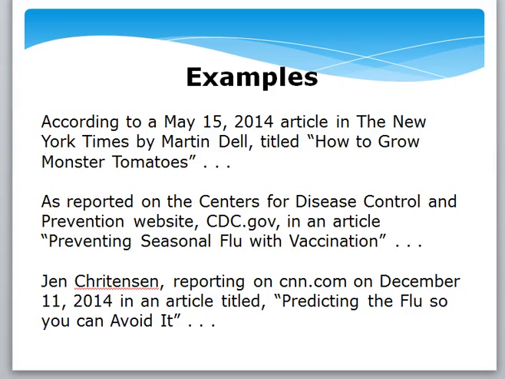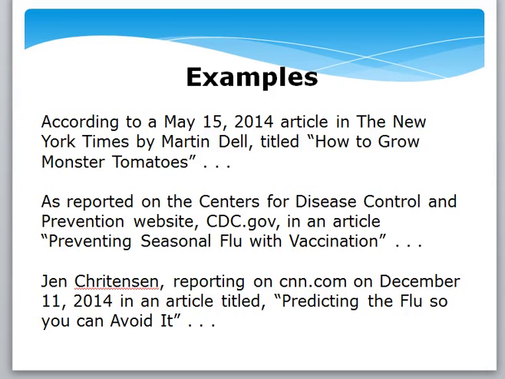One thing that I should note is that providing the author's name is beneficial, but if there is any other additional information that you could find out about an author, that would be even better. So going back to our first example with the article How to Grow Monster Tomatoes. That's fine that I said who the author was, Martin Dell, but it doesn't tell me anything about who Martin Dell is.